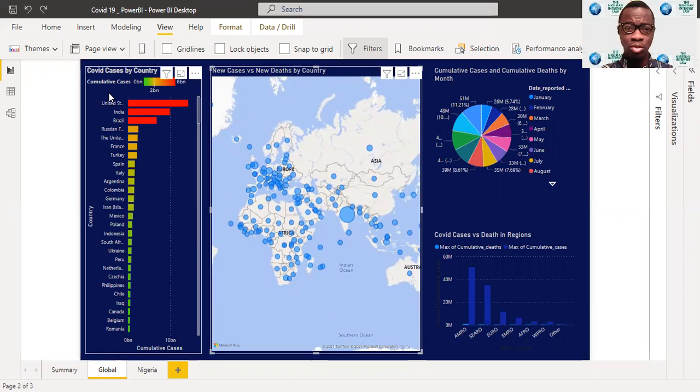In this chart here, I've also visualized the countries as well as the cumulative COVID-19 cases in those countries. At the top here, the top three countries are United States, India, and Brazil, followed by Russia, United Kingdom, France, Turkey, Spain, and so on.